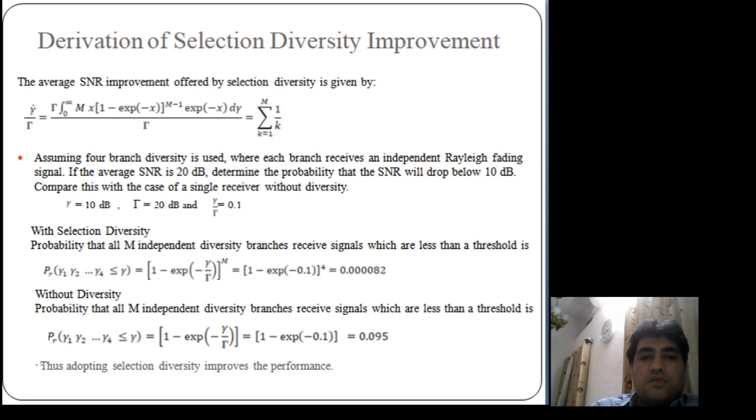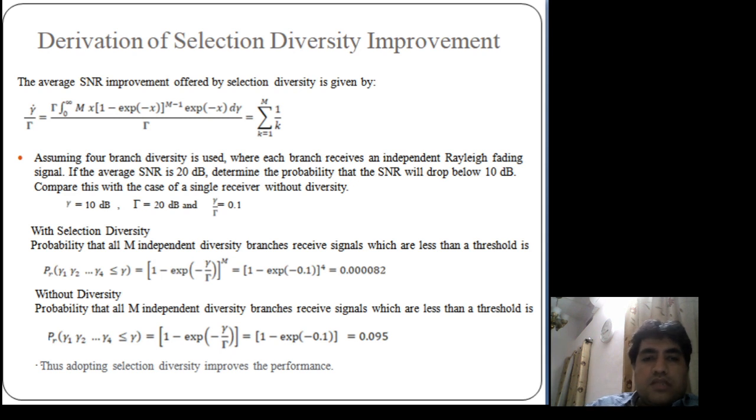So this will be equal to 1 minus exponent minus threshold by mean to the power m, where m is 4 and threshold by mean is 0.1. So this turns out to be 0.4 times 10 to the power minus 4, approximately. When there is no diversity, the probability will be 1 minus exponent minus threshold by mean. So there is only a single branch, so that will be 1 minus exponent minus 0.1, that is 0.095.